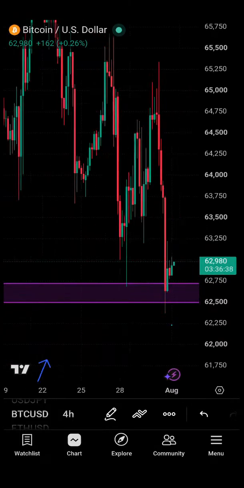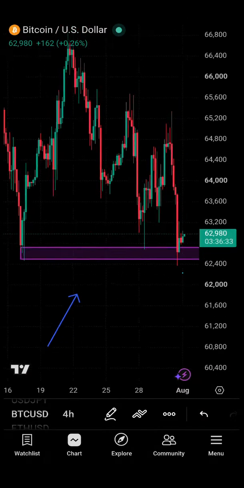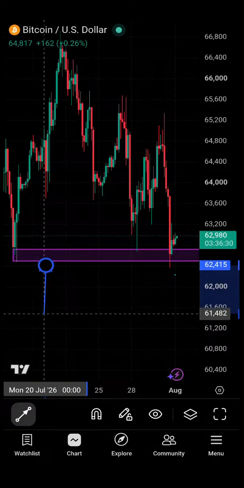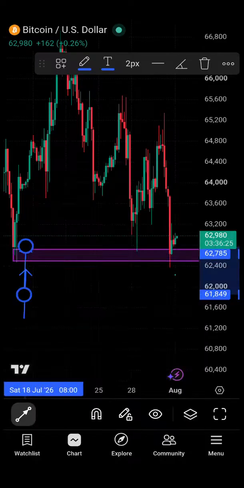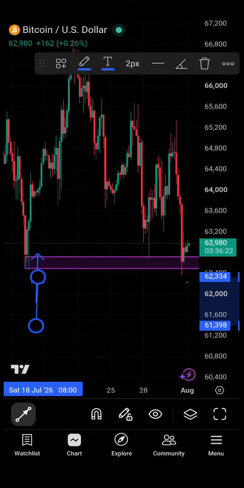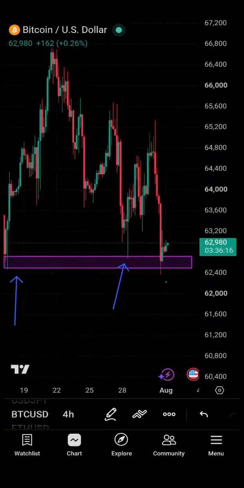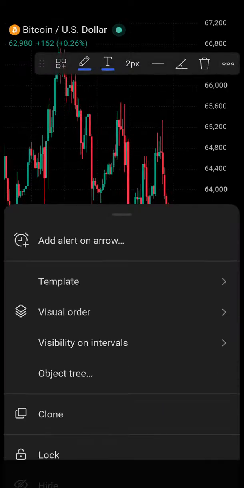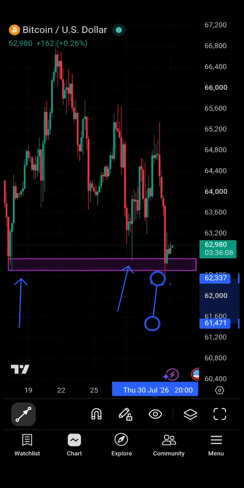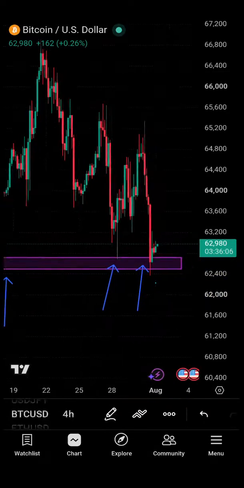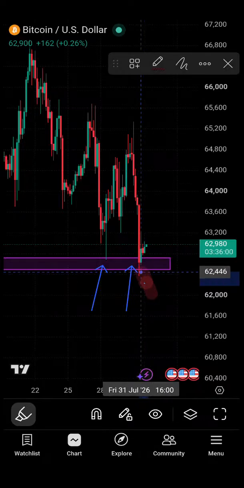And on the 4-hour, we can see we have a first touch here, a second touch here, also a third touch here, and a little bit of a liquidity sweep.